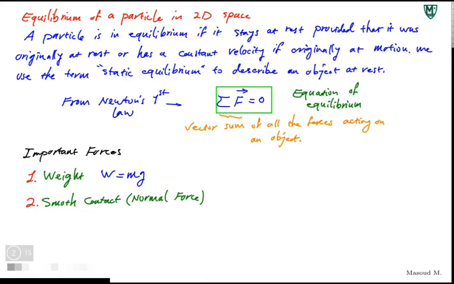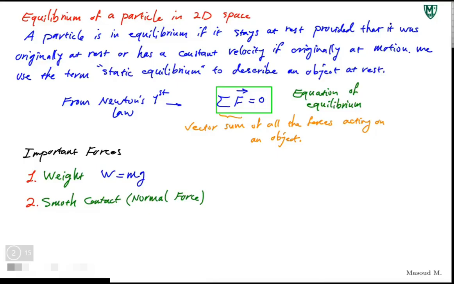So again, you have two objects in contact with each other. A good example is your computer sitting on a desk, or remember I was talking about the glass, this mug sitting on my hand. Gravity is pulling it down, weight, the first force I introduced. Now, why is it not falling? Because of the smooth contact or normal force.